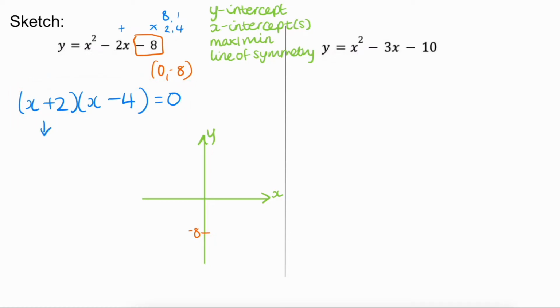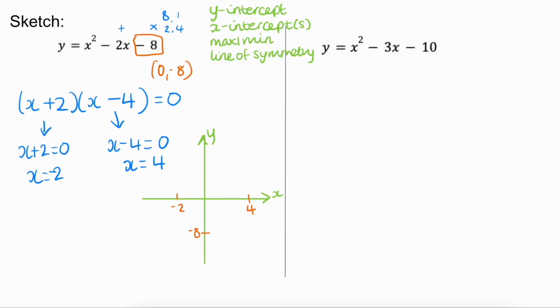So I'm saying either this number, x plus 2, is equal to 0, or this number, x minus 4, is equal to 0. So x is equal to -2, if I rearrange that, or x is equal to 4. Okay, so I'm just rearranging them, subtracting 2, or adding on 4. So I now know that it crosses the x-axis in 2 places, -2 and 4.